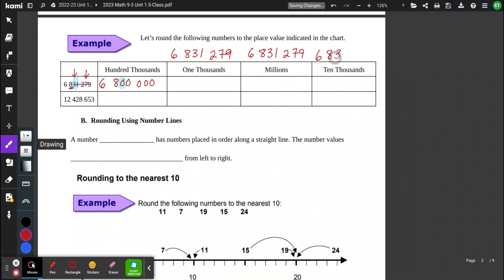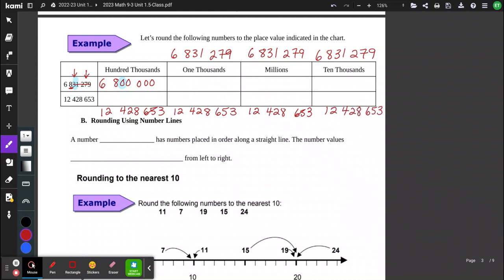I'm going to put the other number below it, 1, 2, 4, 2, 8, 6, 5, 3. This is going to help us round when we need the numbers.